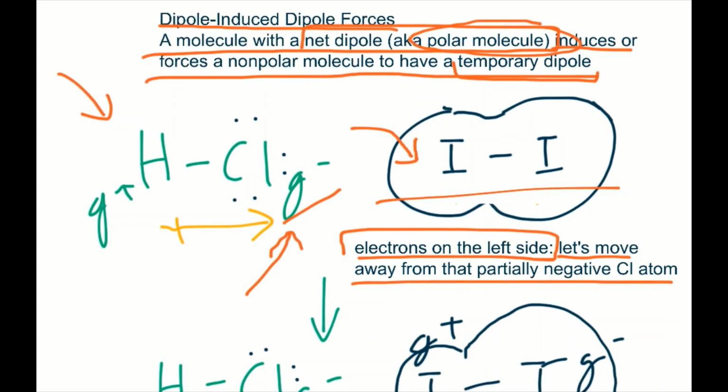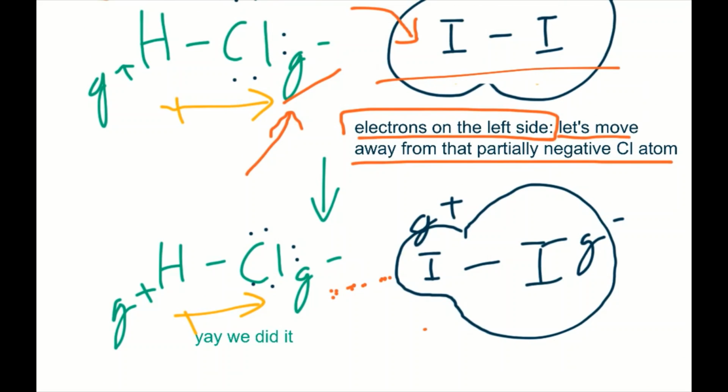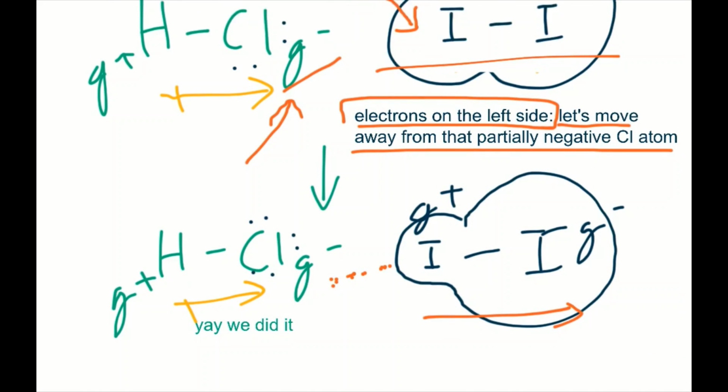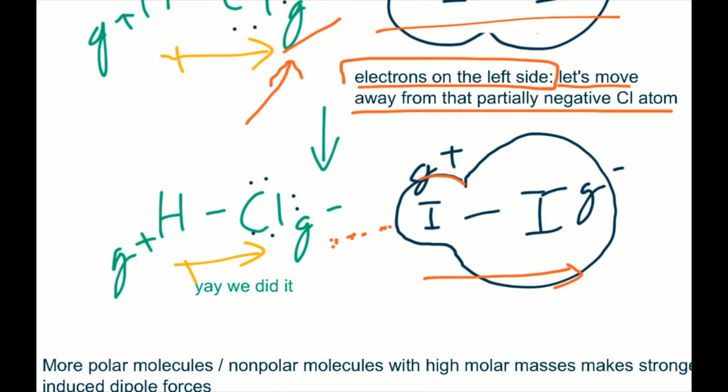So naturally they will move toward the right side, and because of that, the left side is now partially positive due to the absence of electrons, and the right side is partially negative due to the excess of electron density. And because of this, HCl will have succeeded in creating an induced dipole on this I2 molecule.